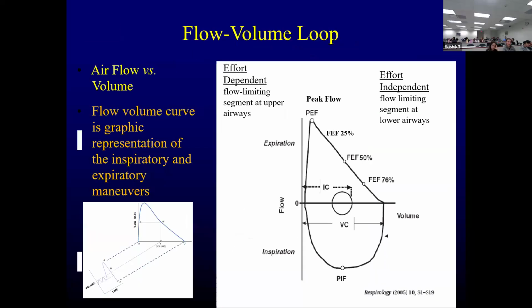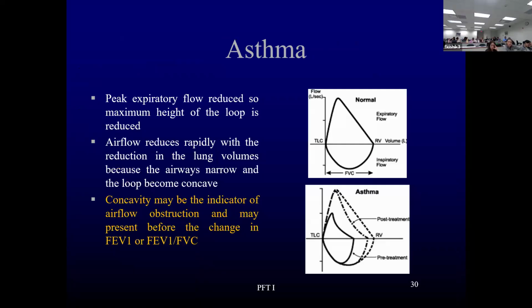So how does it help? We can look at the flow volume curve, and based on its parameters and its shape, we can find out if the patient is obstructive or restrictive. How easy is that? This is a patient with asthma. This is how a normal flow volume curve should be. By definition, inspiration is negative, so this is inspiration, exhalation is positive. Okay.